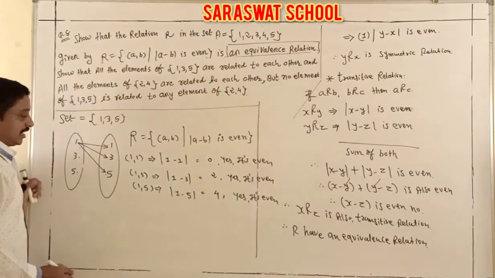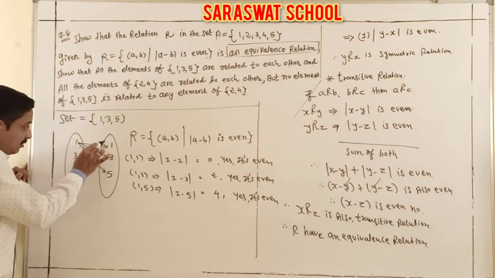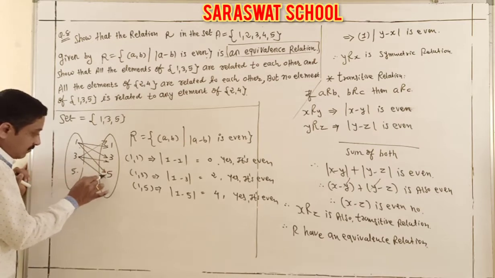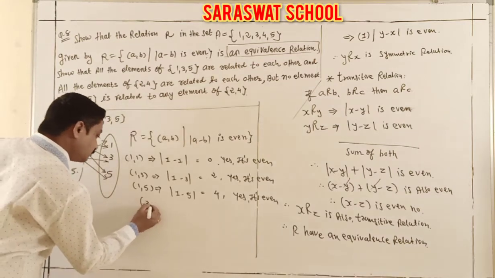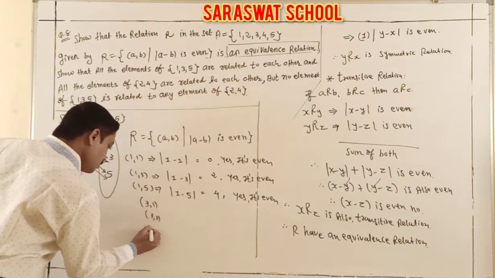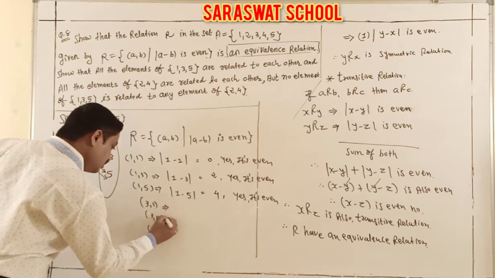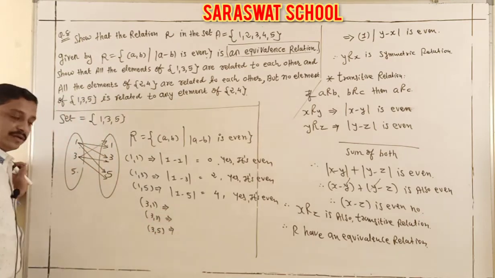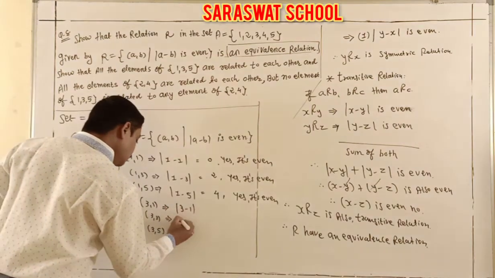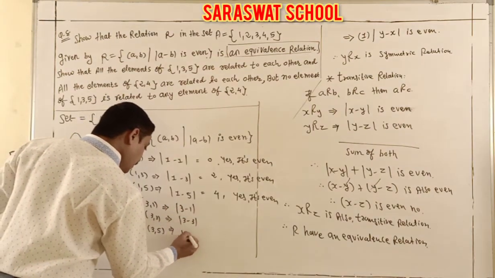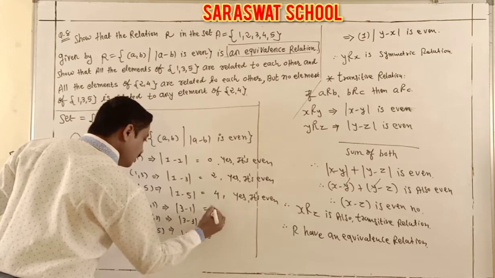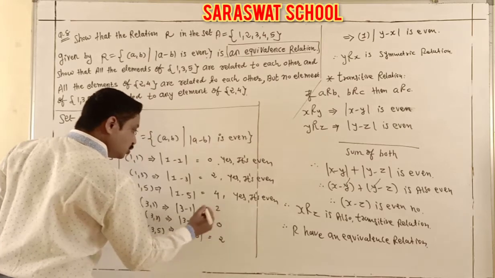So here I explain the same for 3, 1, 3, 3, 3, 5. Check it. Similarly, you can further go here: 3 minus 1, 3 minus 3, 3 minus 5. Here 2, 0, 2.